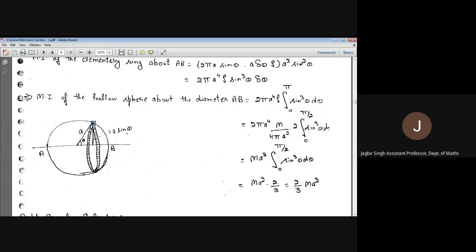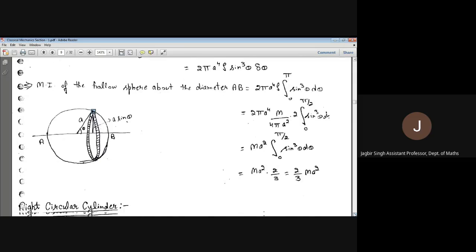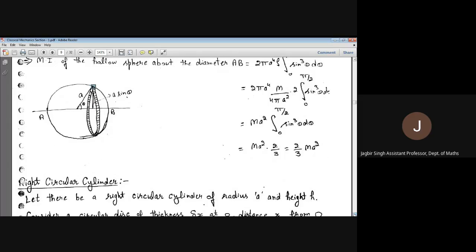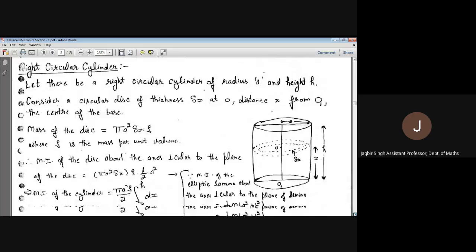Then the moment of inertia of this ring about AB is obtained using the article of the circle, and after that integration is applied. Then comes the right circular cylinder. We have to find out the moment of inertia about its axis.